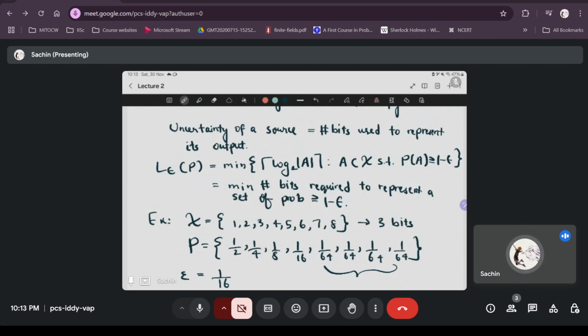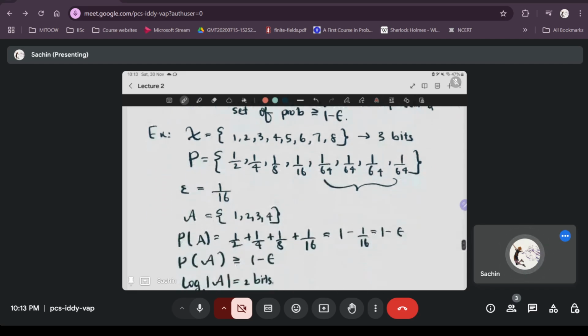It just says minimum over a particular family of sets, so you have to go over all sets. It doesn't give you a proper method to find it. So how do you form these sets of higher probability? How do you select the outcomes? It tells you nothing about that.